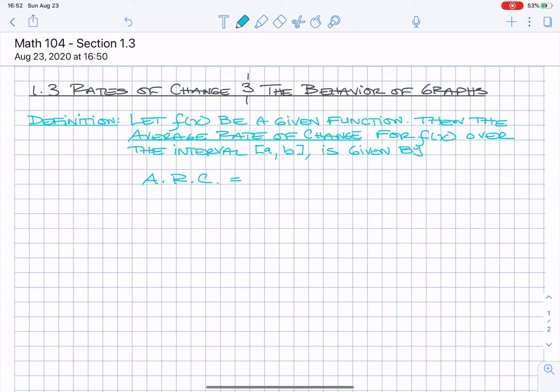So that'll be f of B minus f of A all over B minus A. So that's the average rate of change.